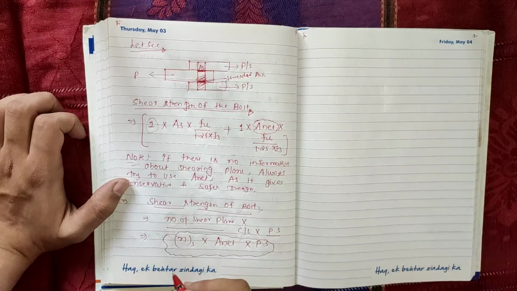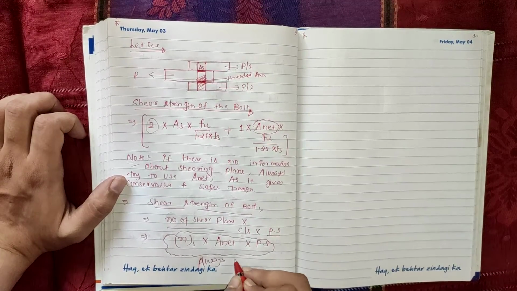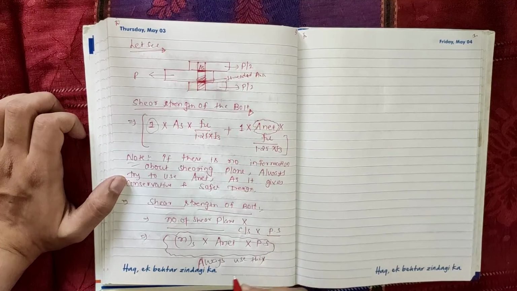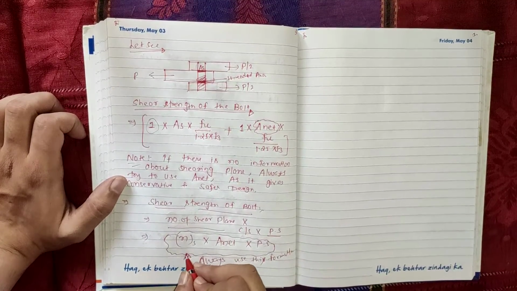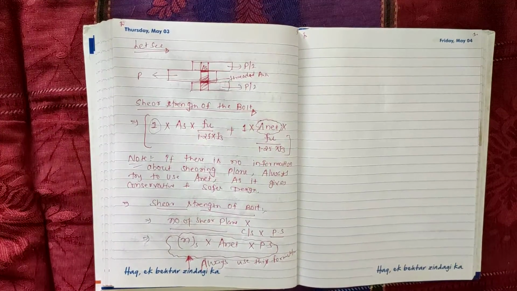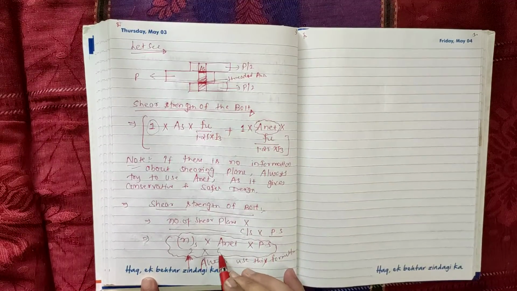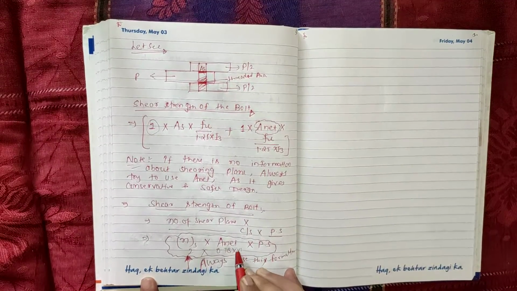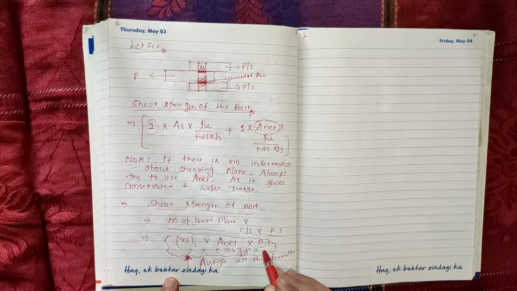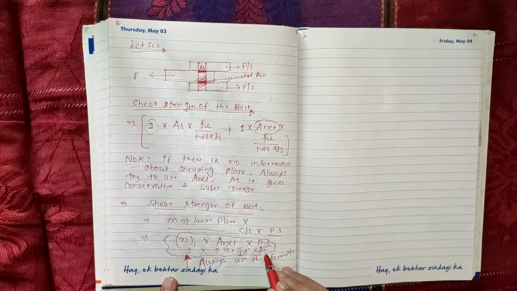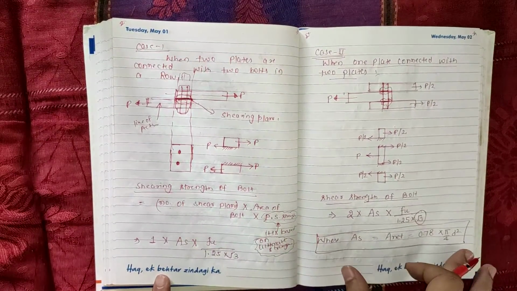Okay, always use this formula. Clear? So for this case, this is 2 number of plane, 2 into my area net 0.78 into pi by 4 d square into PS, which is Fu upon 1.25 into root 3. Is it clear? Already explained it to you.